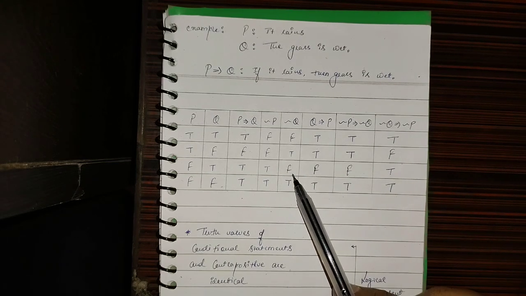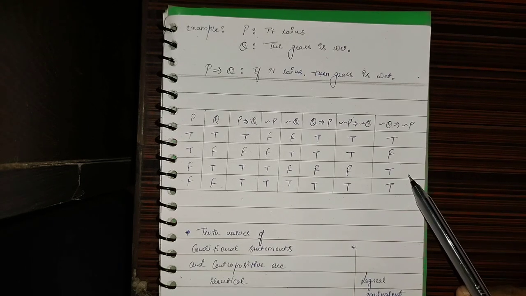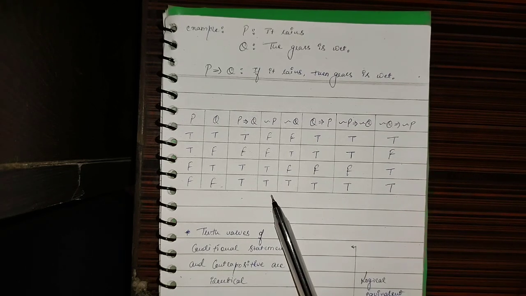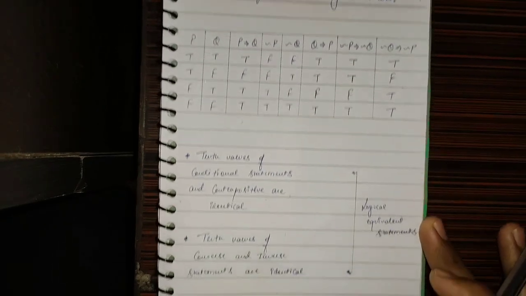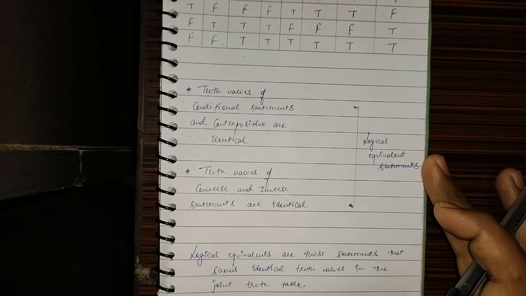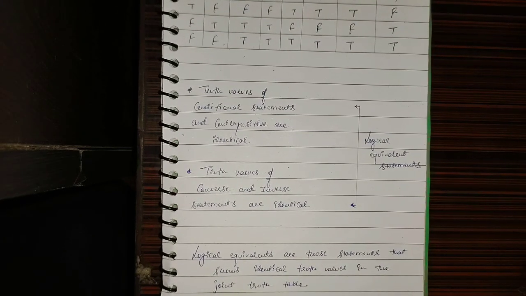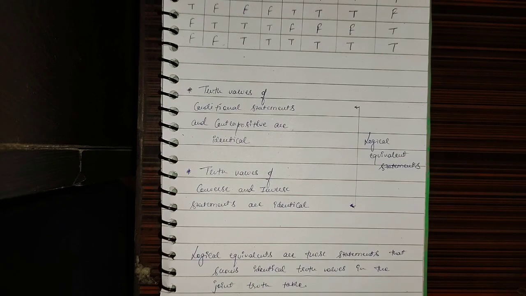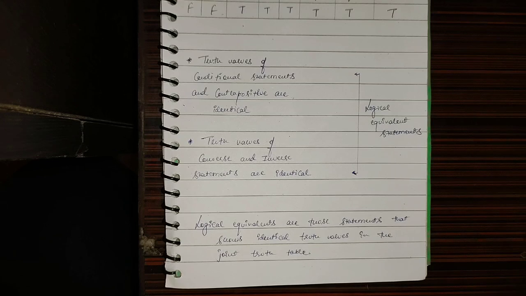When the hypothesis is false but the conclusion is true, the conditional statement is true, and when both are true, the conditional statement is true. A thing to notice here is that the truth values of the conditional statement P implies Q and the contrapositive are identical. Similarly, the truth values of the converse and inverse statements are identical.